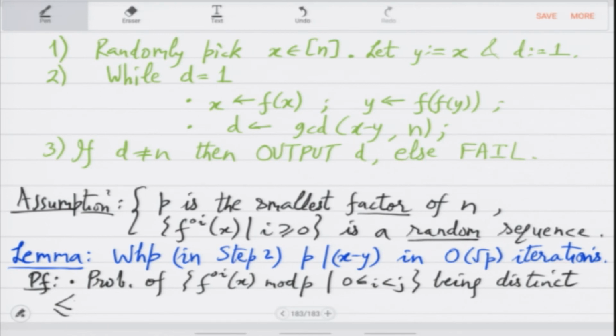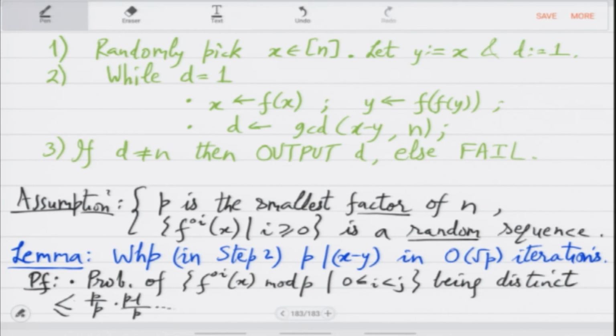So in the first case, for i equal to 0, this can be any value. So that probability is basically 1. So I write it as p over p possibilities. In the second case, since you don't want to overlap with the first one, this is p minus 1 by p.